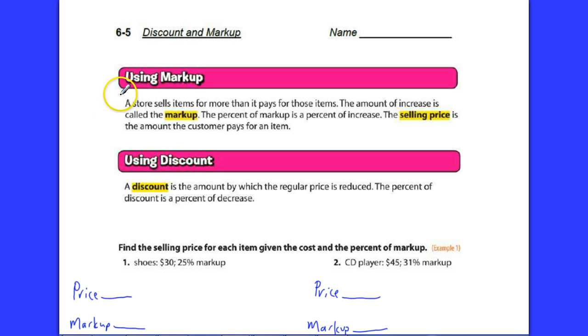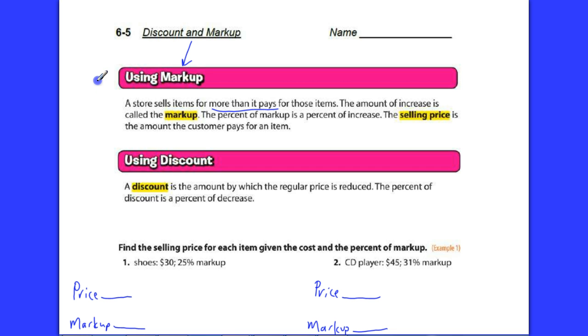Well, let's talk about the vocabulary that you need to know. The first word is markup. If a store sells an item for more than it pays for it, that's what stores do so that they can make money. That's how they are able to pay their employees and stay open. The amount of increase is called a markup.